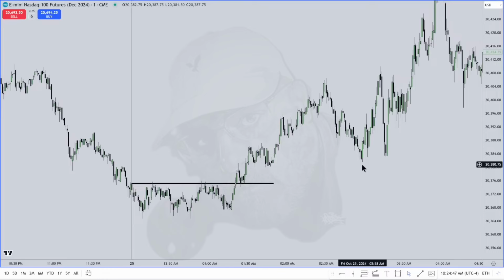So we would expect the market to do what? Create some kind of a displacement.